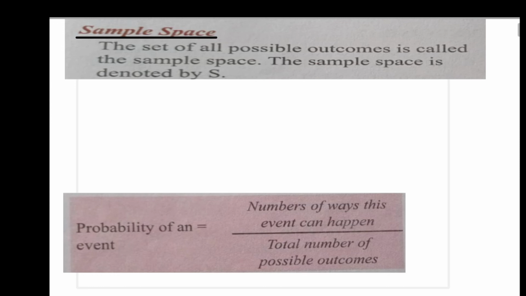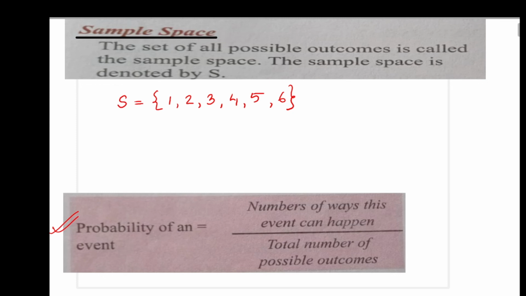Let's take one example. When we throw a die, what are the possible outcomes we will get? 1, 2, 3, 4, 5, 6. This is called the sample space. That means the possible outcomes we will get are called the sample space. Now, probability of an event.